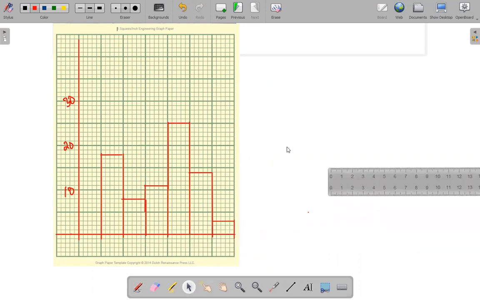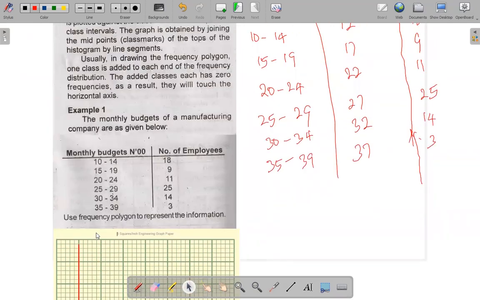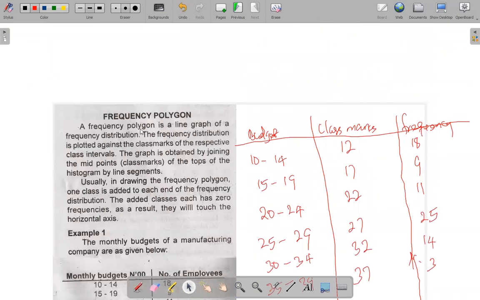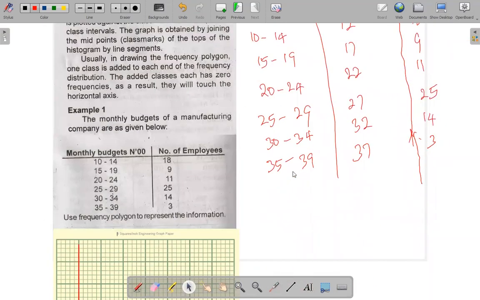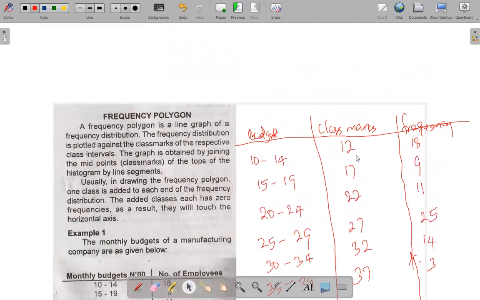Okay, so this is the histogram drawn, but it's not a histogram we are trying to draw. We are trying to draw a frequency polygon. Remember that a frequency polygon is a line graph of a frequency distribution. The graph is obtained by joining the midpoints of the class marks of the tops of the histogram by line segments. So first of all, let's put the class marks for each of these data.